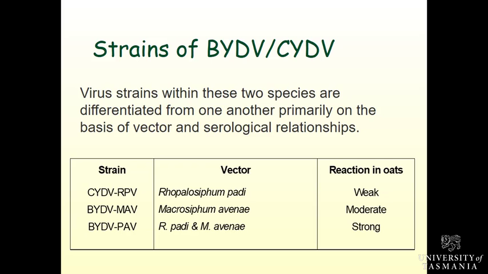They can vary in their type of disease, how severe the disease is when you put them into an oat system. They vary slightly serologically as well, but they also vary because of the vectors that spread them and how severe they can be.